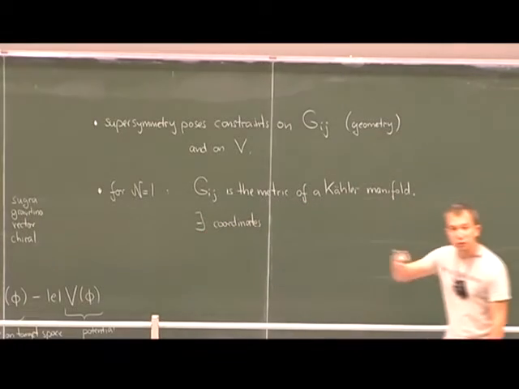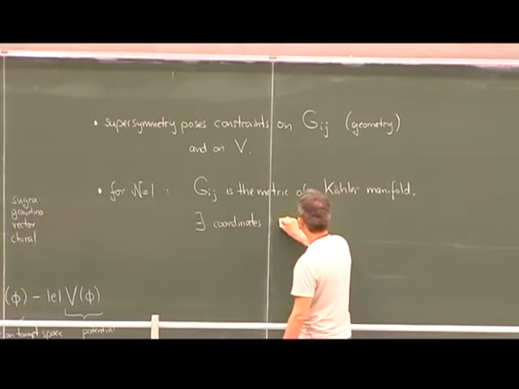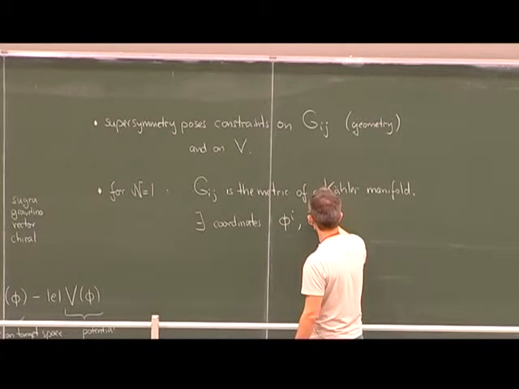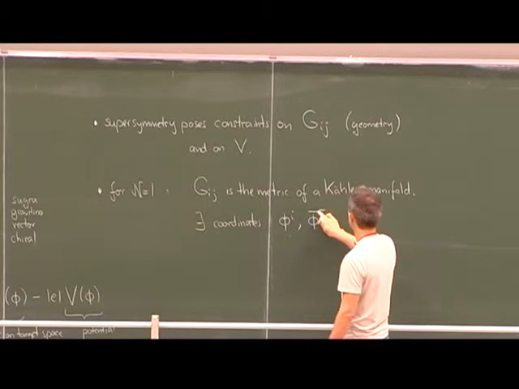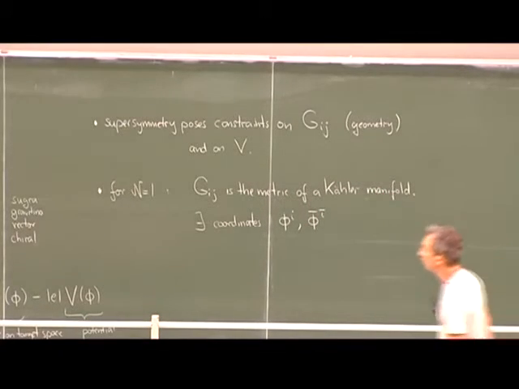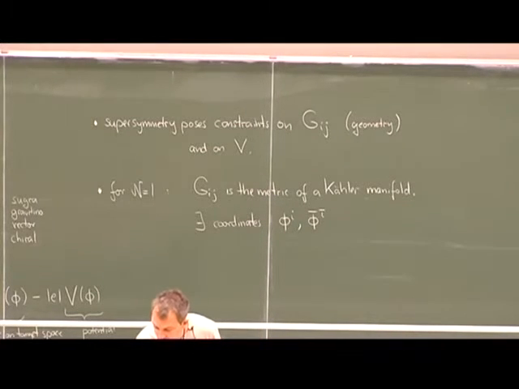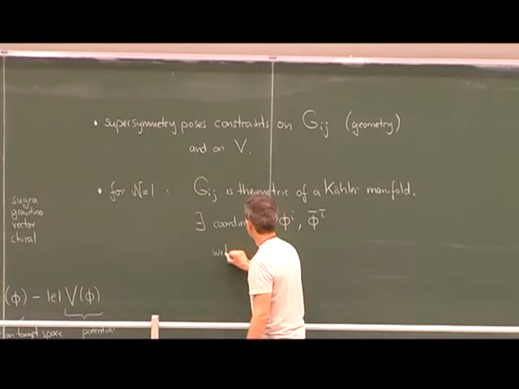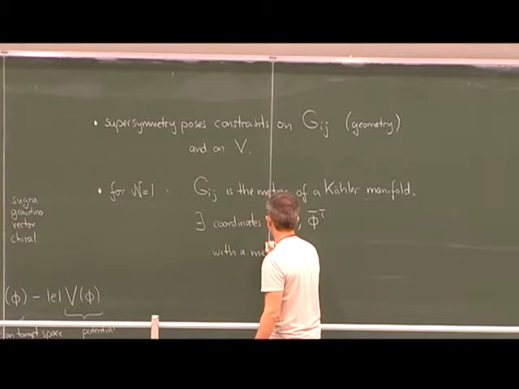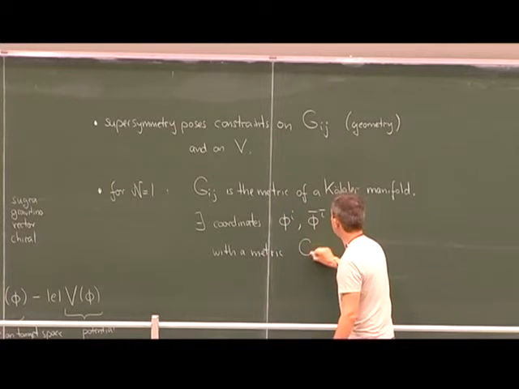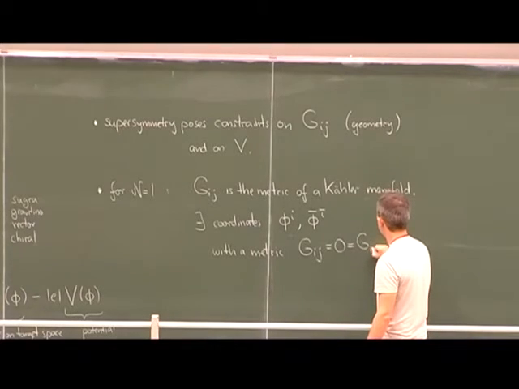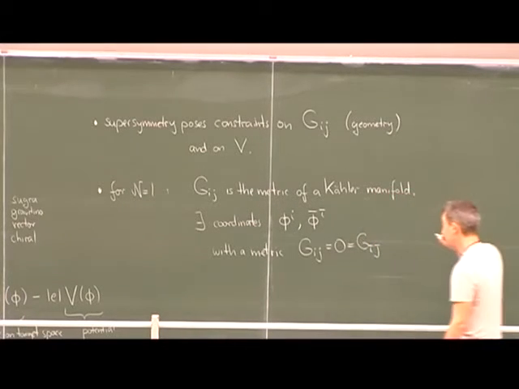Since we have an even number of scalars, we can group them in complex coordinates, say phi I and its complex conjugate, phi I bar, with a metric whose diagonal blocks are 0, so Gij is 0, and so is Gi bar j bar.